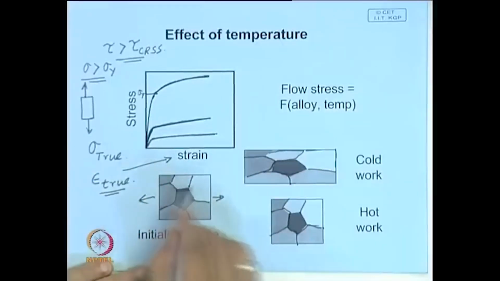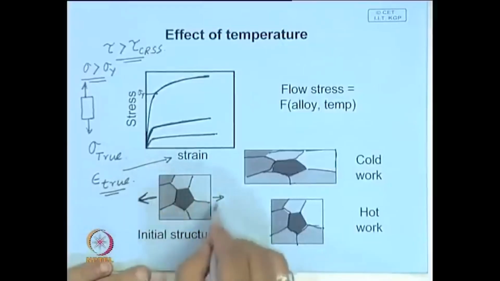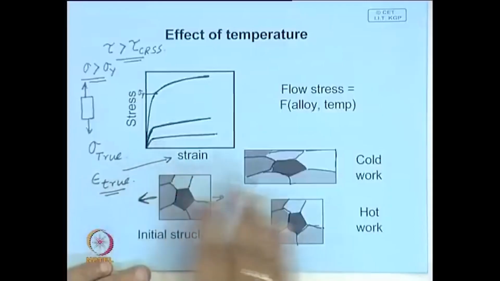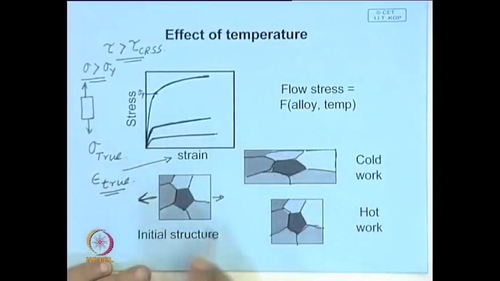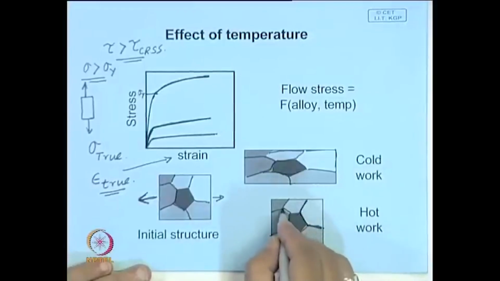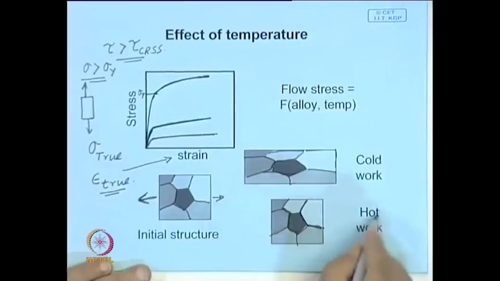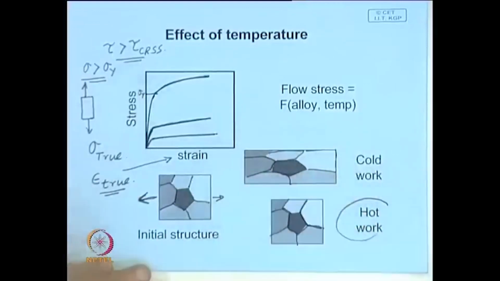But if you take the initial virgin material, which looks homogeneous with this type of structure, after hot working also you will get a similar structure. So, something happens during deformation processing so that after working you still get a similar equiaxed structure, whereas if you cold work you will see these kinds of elongated grains.